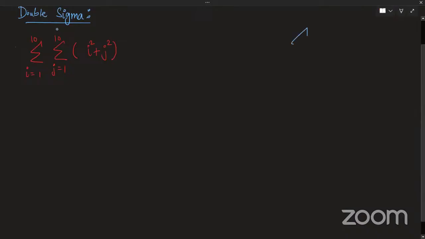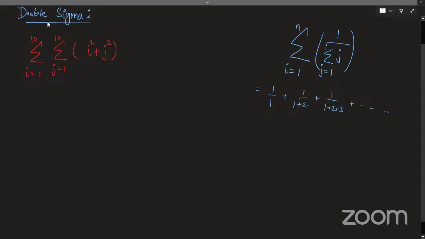For the ones who don't know, just remember this question. Everyone remembers this question? Yes, sir. We had done this question, right? In this question, it was basically 1 by 1 plus 1 by 1 plus 2 plus 1 by 1 plus 2 plus 3, and so on, right? So it was being represented like this with a double sigma operator.